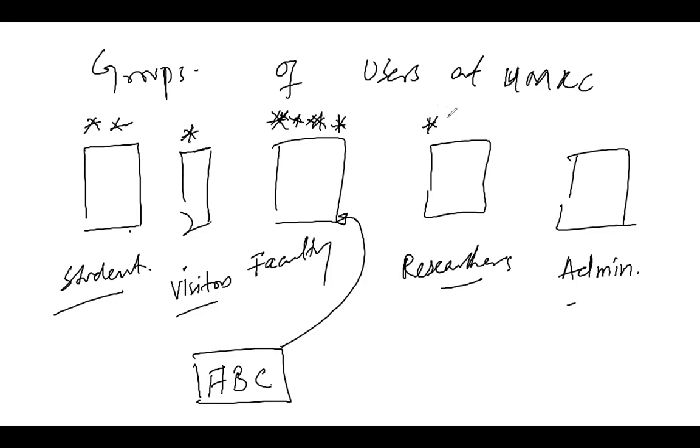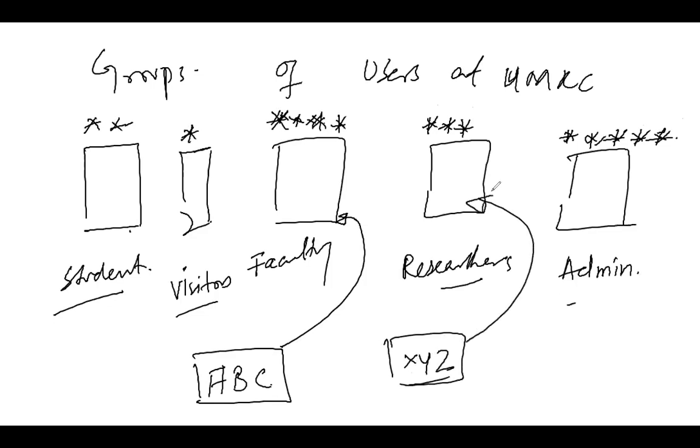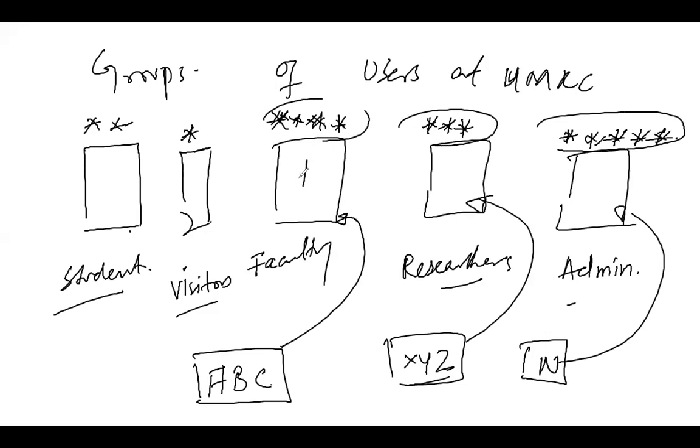On researcher, you have again 3 stars. And on administration, you can say 5 stars, that you have given access to everything to these users. So it means if ABC is from here, XYZ is from research, so you will just keep them in that group or in that list, and automatically WO is here in administrator. So automatically all these stars will apply on those people which you have added in this group.